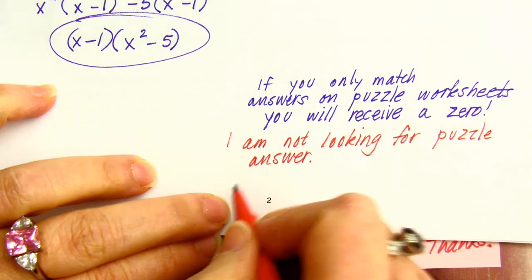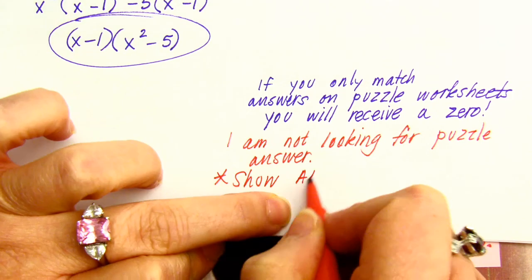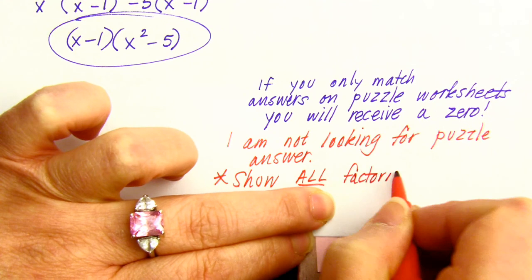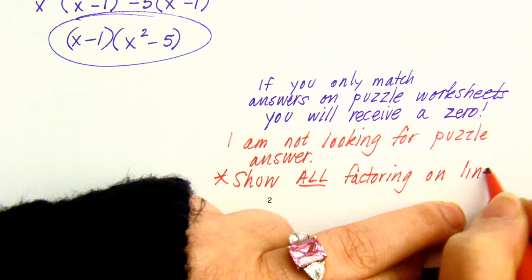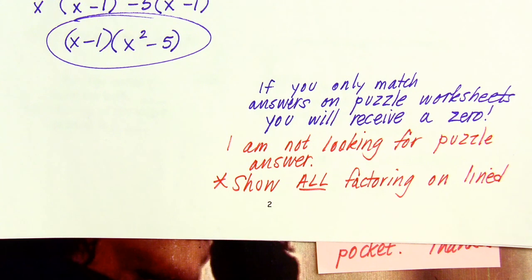Show all factoring on lined paper. Folks, I'm not trying to be mean by making you do more writing. It's when we get into solving quadratic equations, you have to know how to factor.